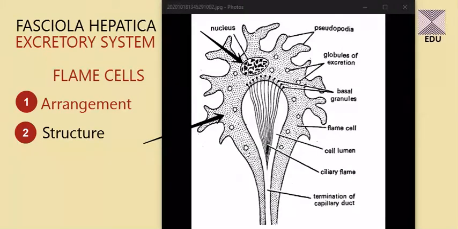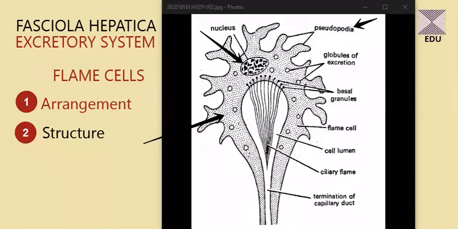This is the nucleus of the flame cell. Each flame cell has one nucleus which controls the whole physiology of this particular cell. Now, these are the pseudopodia-like structures which are present towards the outside of the flame cell.